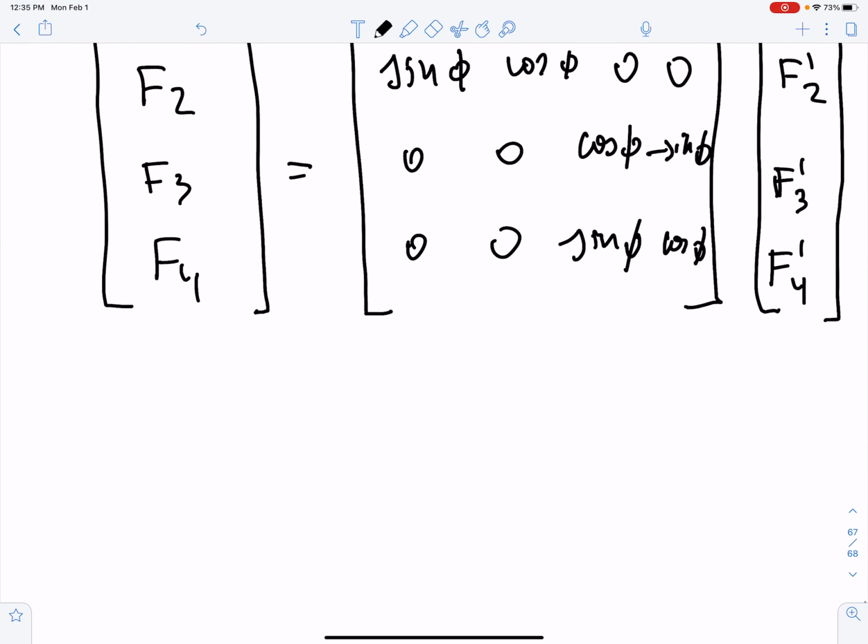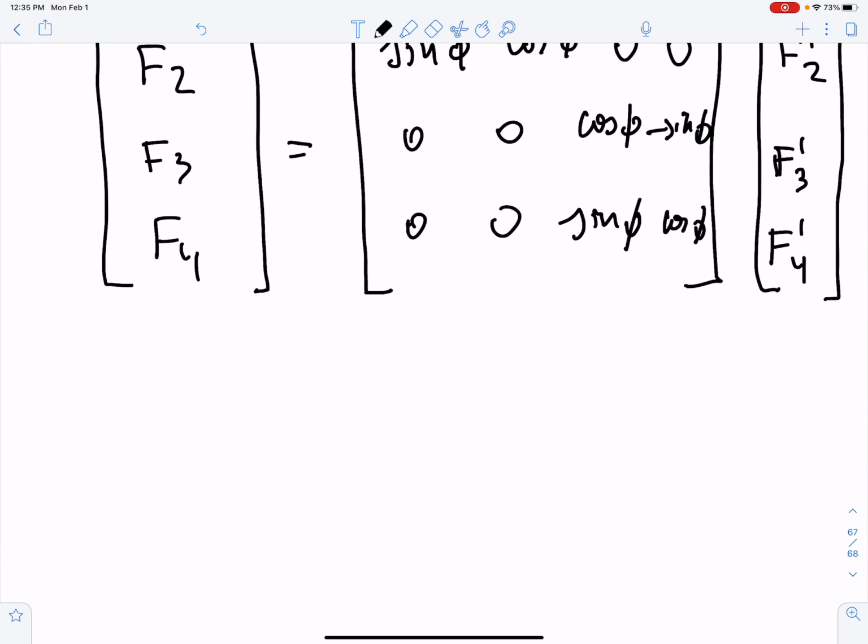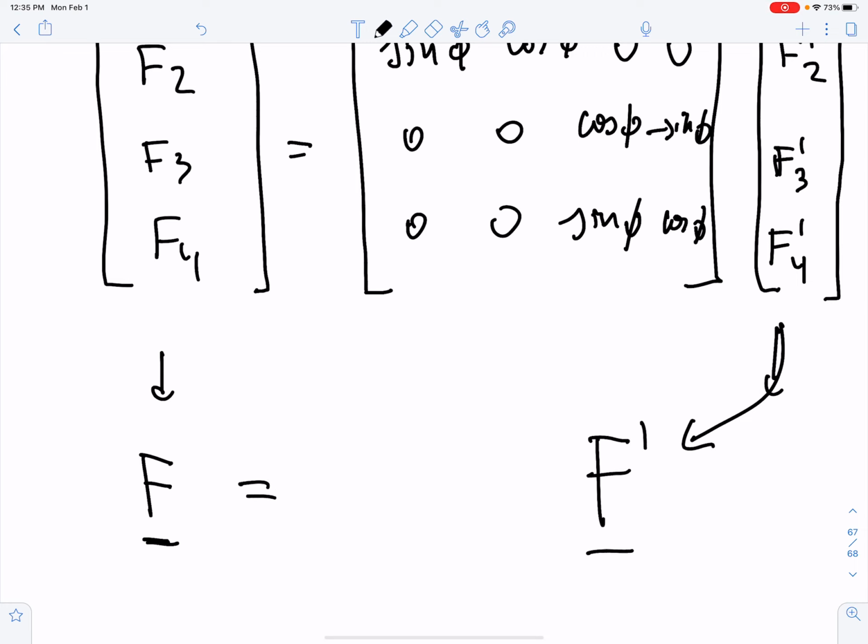And so what you see here is that this is F, this becomes F prime, and the two are related by gamma ROT transpose.